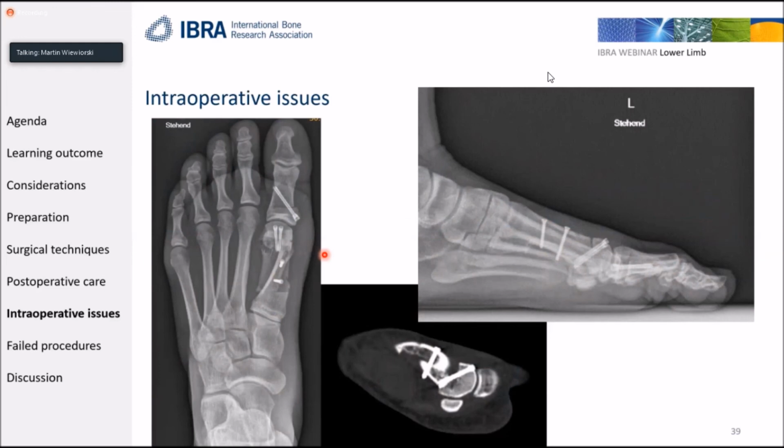So this is how it looks. This X-ray is 3 months after surgery. Actually, it looks okay on the X-ray, but I also performed a CT because I wanted to know how this is healing. On most of those cuts, I see that there's some bony healing going on in this fracture site.